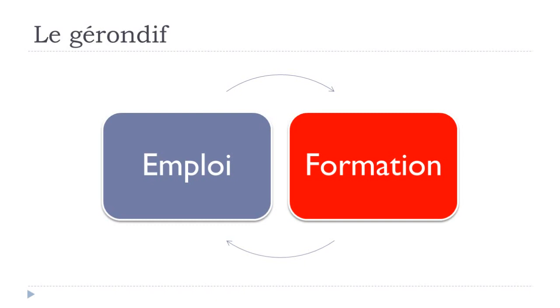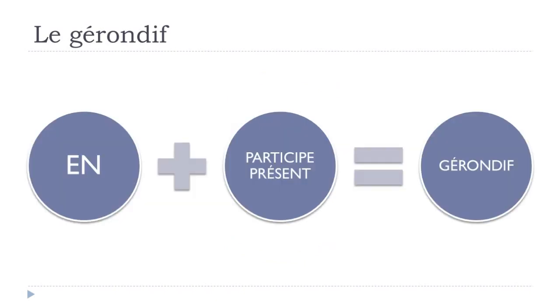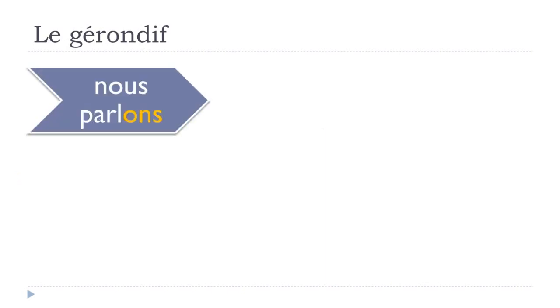All right. So let's see now how do we make this gérondif. So remember, as we saw previously, first you will have to use la préposition en, then you will have to use le participe présent, and you will get a beautiful gérondif. Remember the way to make this participe présent form.